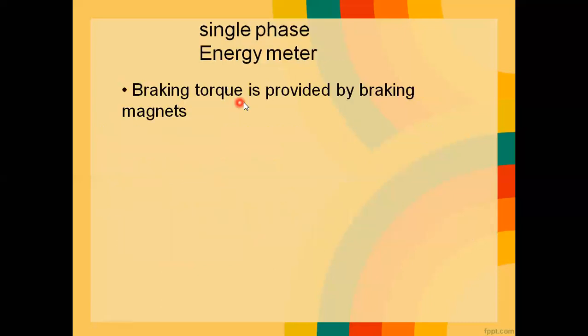Now the braking torque is provided by braking magnet, which will be having two magnets diametrically placed, and we can adjust the position of the braking magnet, which clearly states that we can increase or decrease the speed of the aluminum disc.